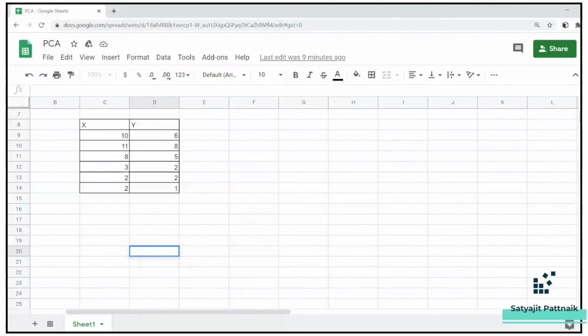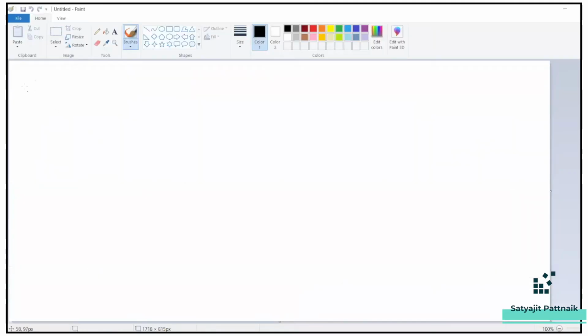Likewise, in the previous example I showed you that, let's say I have two different variables, v1 and v2, and the values are like 10, 8, something, 3, 2, 1, and this is like 6, 5, 4, something like that. We drew these as the various points which we got.